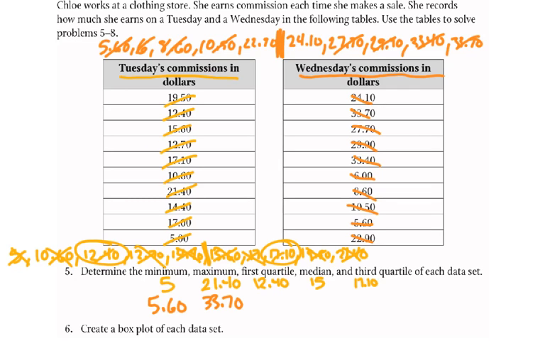So I go 2290 plus 2410. It's 47. Divide that by 2. We get 2350 for our median. Okay. Then first quartile, we get 860. And third quartile, we get 2990.